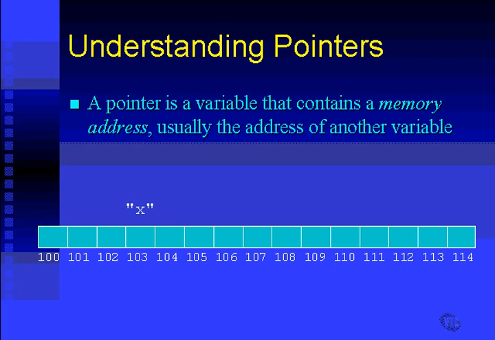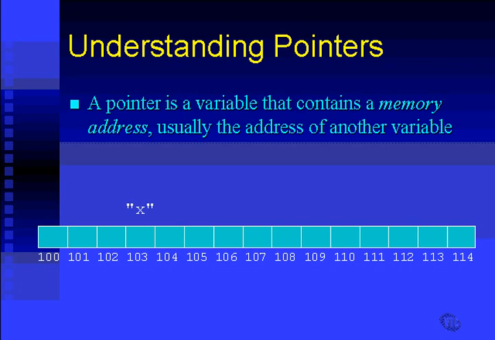The real address is probably more like 286.49127, but you get the general idea. So x is the label that we put on the box that is actually numbered 103. So if you think about it, the address of x is 103.